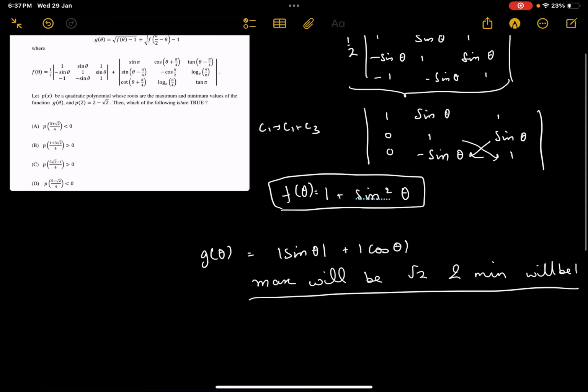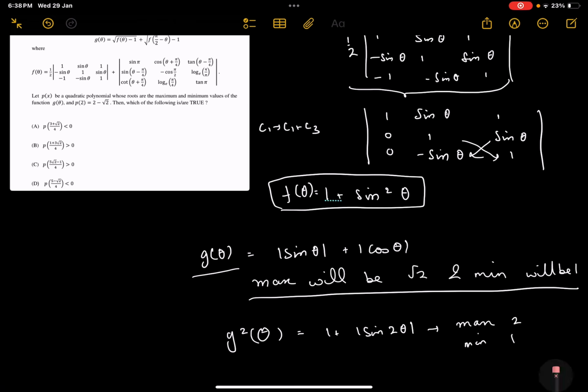If you have a doubt with this, what we'll do is g square theta equals 1 plus mod sine 2 theta. So max of g square theta would be 2, min would be 1, which means max and minimum of g theta respectively are root 2 and 1.